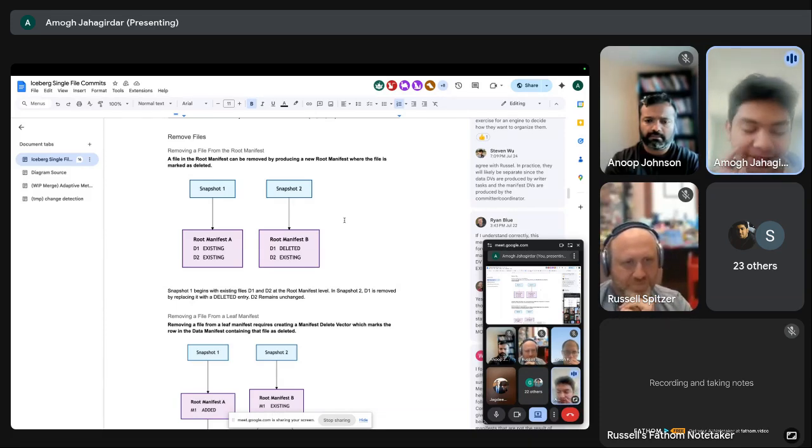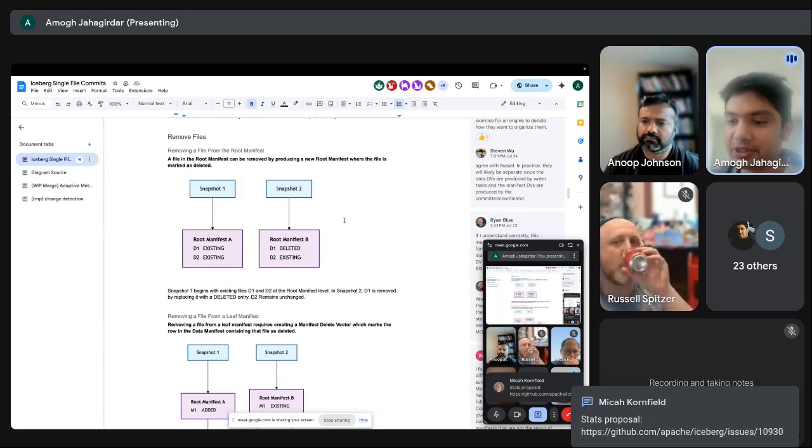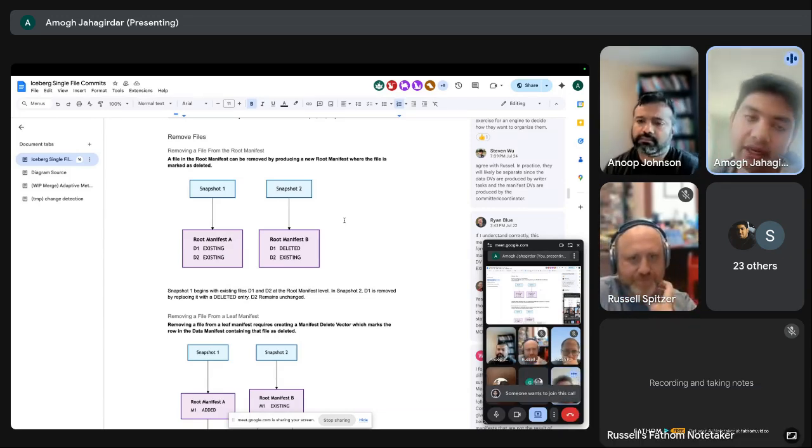Actually, I think I said something that there's a structural change here as well. In today's manifest structure, if a file is deleted and carried over, writers are not required to materialize that status in a new manifest.